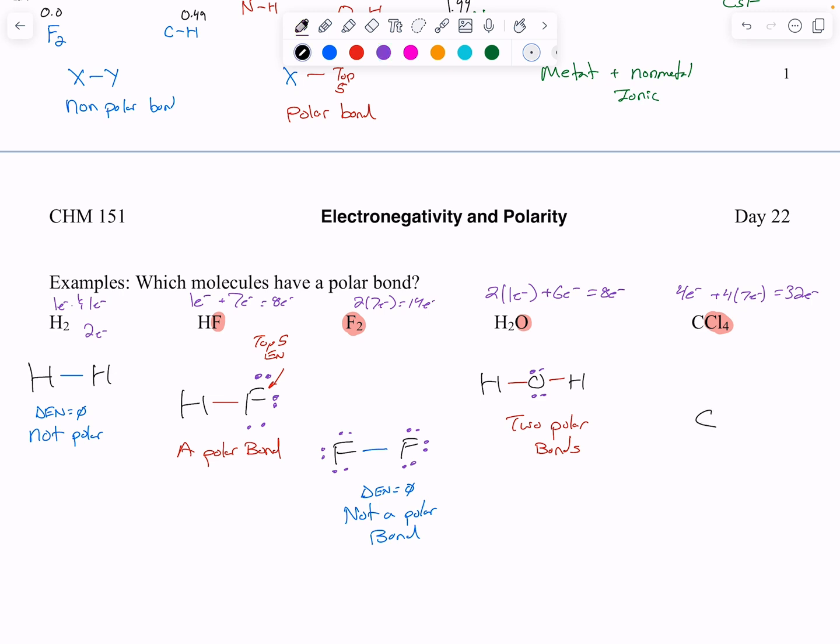Carbon's in the middle with 4 Cls, and chlorine's a top 5, so I have 4 polar bonds. Fill in the octets. That's 8, another 8, another 8, and another 8 to get to 32. So we have 4 polar bonds.